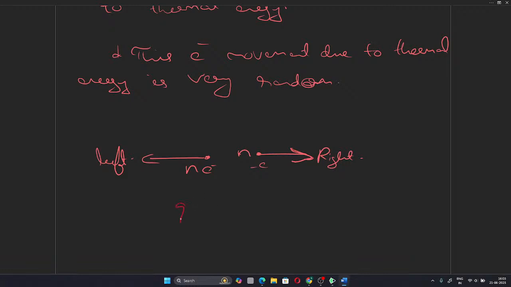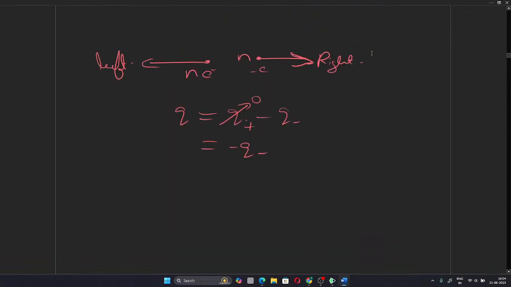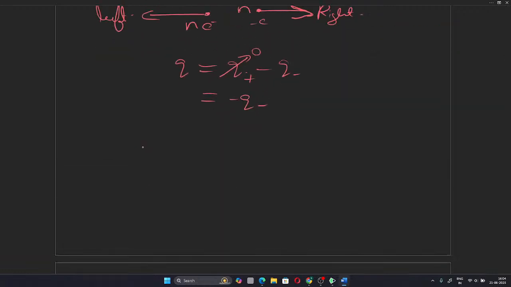So we remember that the net charge equals q plus minus q minus, but since q plus is not moving, it will depend solely on q minus, which is the movement of negative charges, or the electrons.